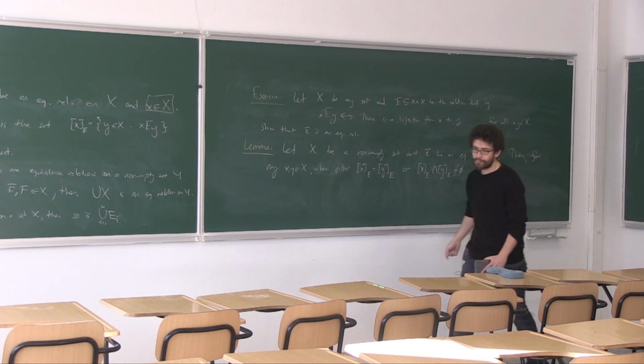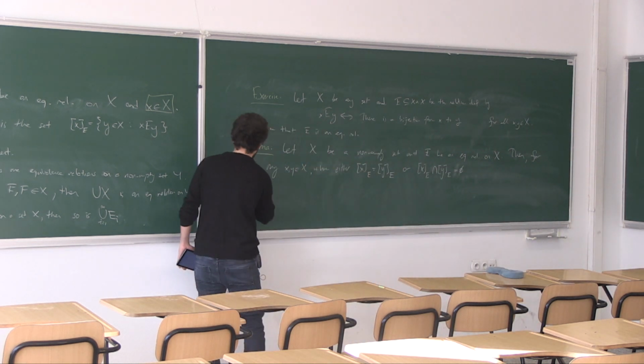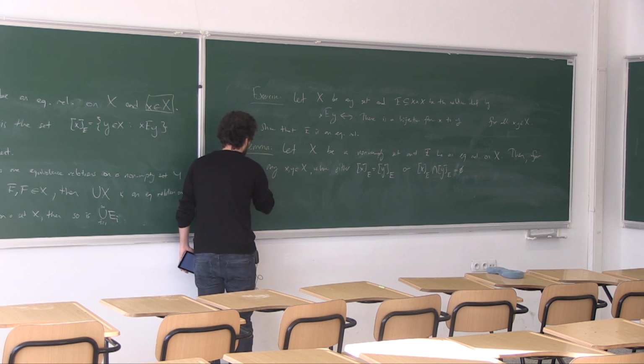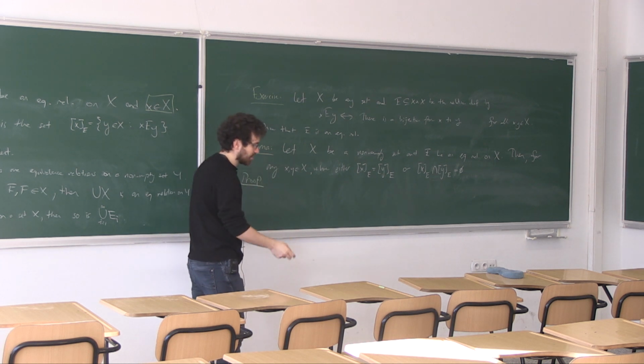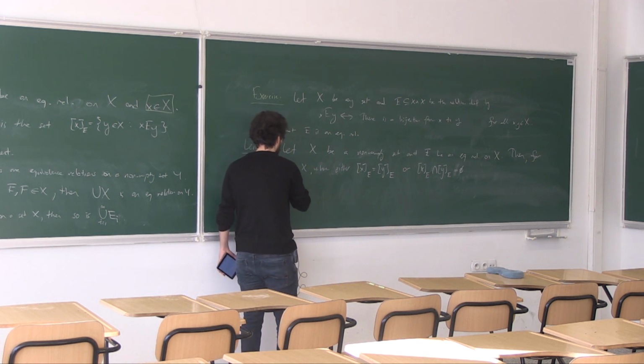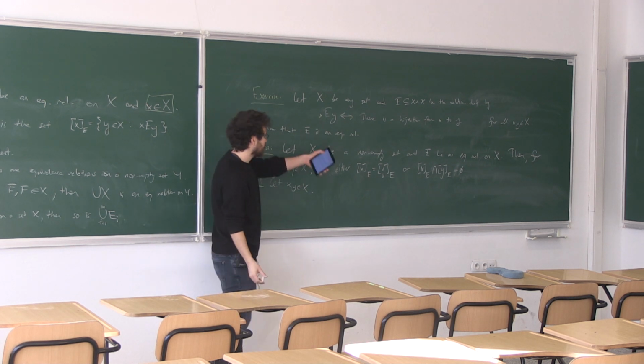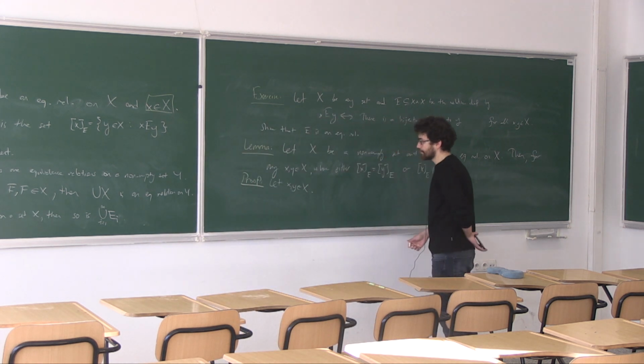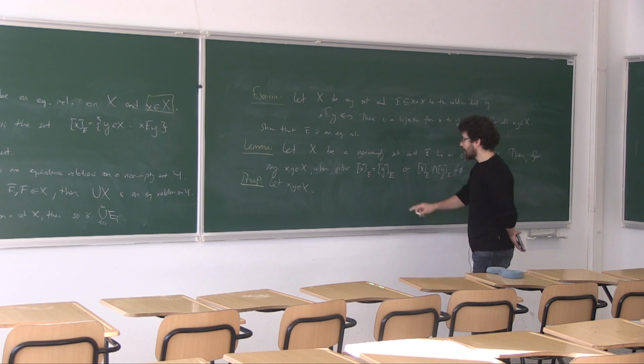So let's do the proof. This is just going to follow from the definitions. So let's pick two elements, which we can do because we're working with a non-empty set. Now we want to prove that either this happens or this one happens.